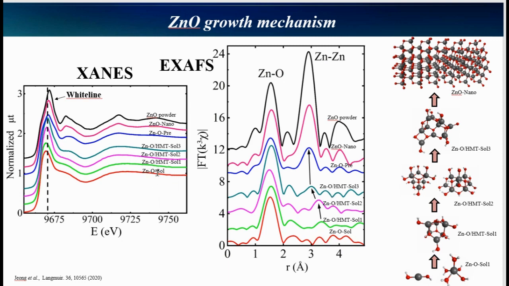Zinc oxide HMT solution 1 is zinc nitrate and HMT solution at room temperature. Zinc oxide HMT solution 2 is zinc oxide HMT solution 1 at 80 Celsius. Zinc oxide HMT solution 3 is zinc oxide HMT solution 1 at 80 Celsius for 10 minutes.